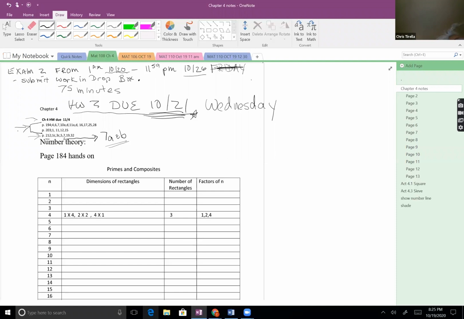So after you finish that test, if you want to look at the homework questions on page 194 and 203, not necessarily complete them all, but I know that a couple folks have said that part of the problem they have with the homework is they're not always sure what's being asked. So read the questions over and make sure you understand what's being asked. And if you have any questions on those questions, we can get a head start on clearing them up long before they're due.